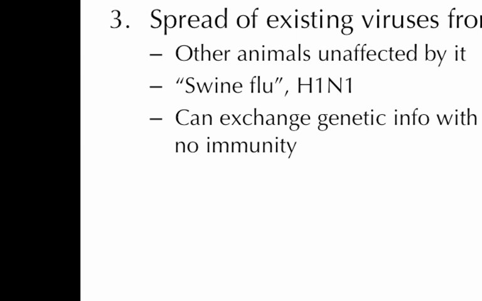And then number 3 would be that the viruses come from other animals. A lot of times the animals aren't even affected by it, so they wouldn't show symptoms. It's basically what happens is they get infected probably by a number of different strains.